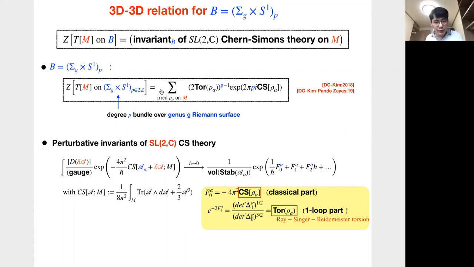Then the corresponding topological quantity on the 3 manifold is simply given in this form: a summation over all the irreducible flat connections weighted by the torsion, which is the one-loop part of the flat connection, and the Chang-Simon function. Recall that this torsion part is the one-loop part associated with the flat connection, and this Chang-Simon part is the classical part. So this is the simplest dictionary because only the classical part and the one-loop part appear on the right hand side of the 3D3 relation.